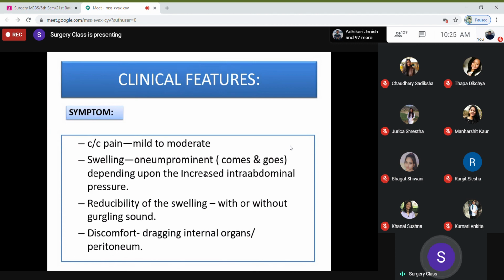The dragging pain is because, when the intestine or the omentum comes, it drags the mesentery. So the dragging pain will be more towards the back in the lumbar region, probably from the second lumbar region to the iliac crest, right side. There is a fibrous tissue where all this mesentery hangs.